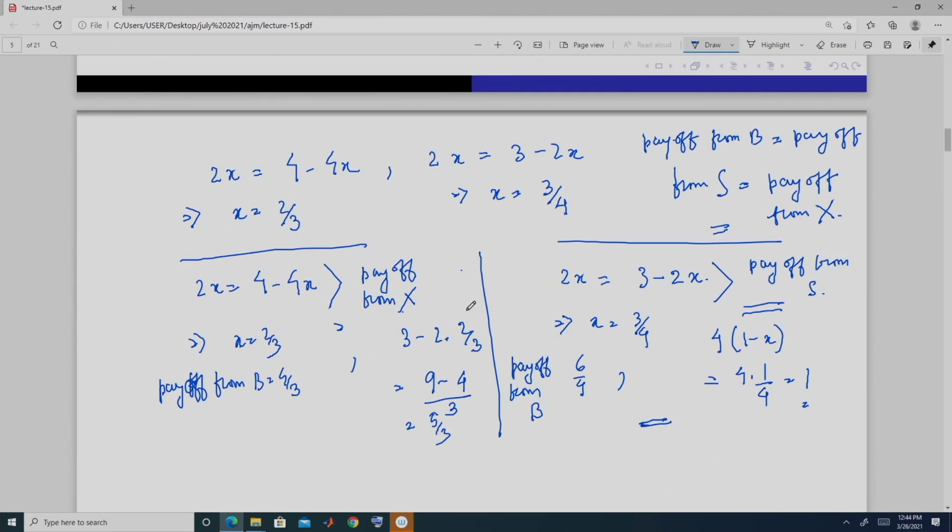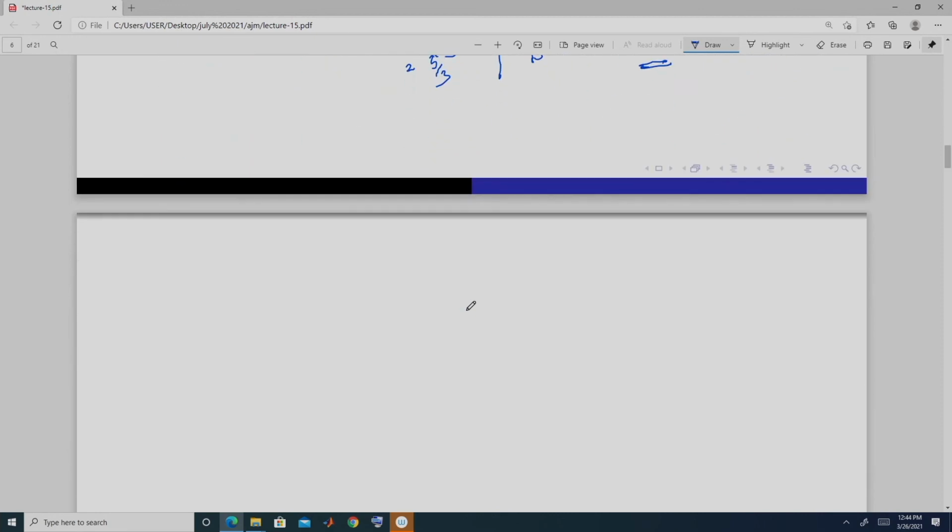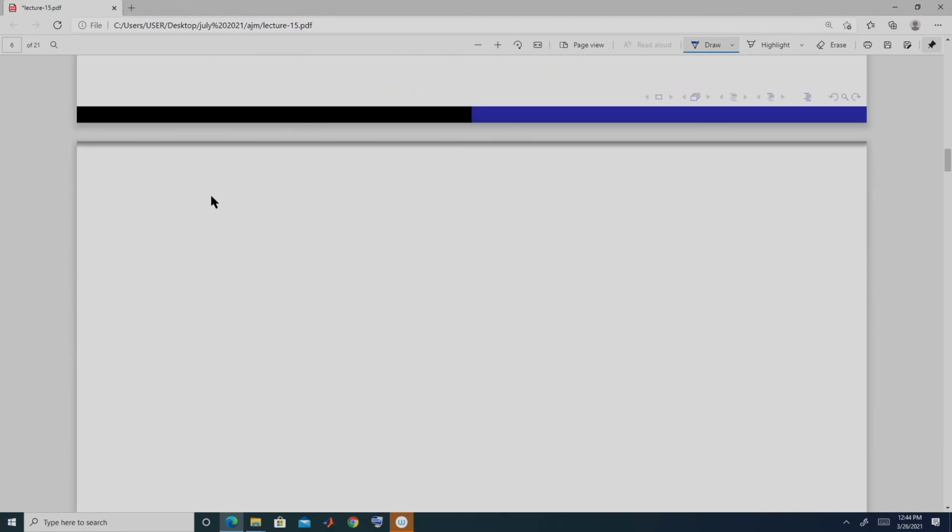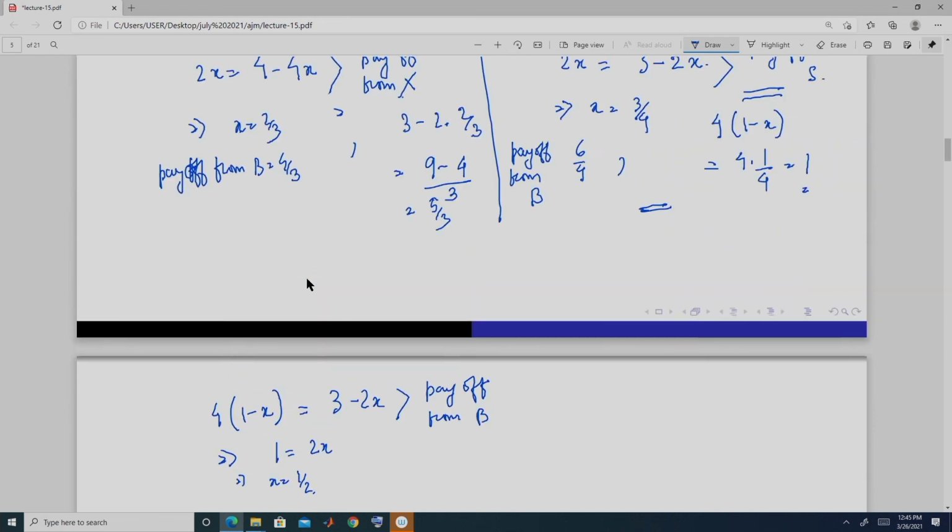Okay. Now, let us look at another possibility, that is when payoff from S is equal to payoff from X and it is greater than the payoff from B. This is when X takes a value below half. But here now remember this, look at the game.